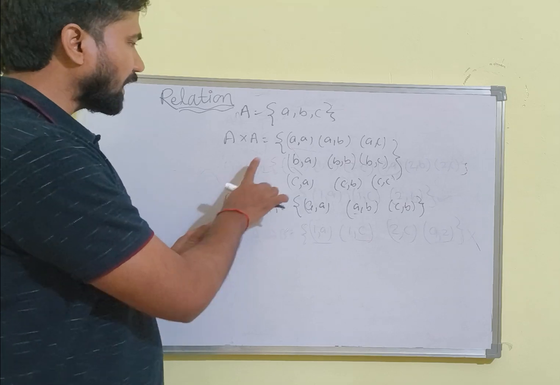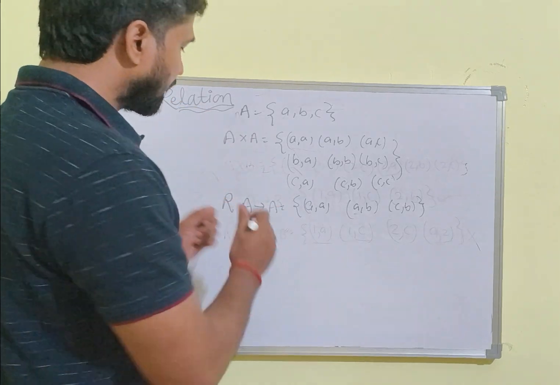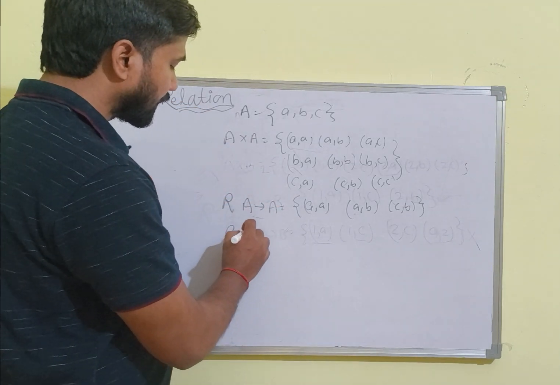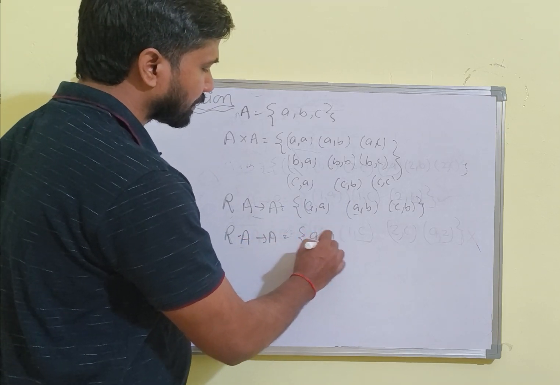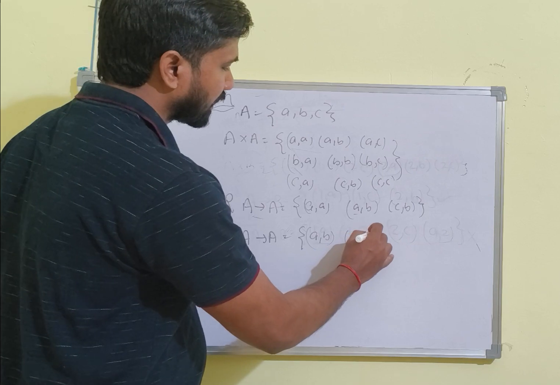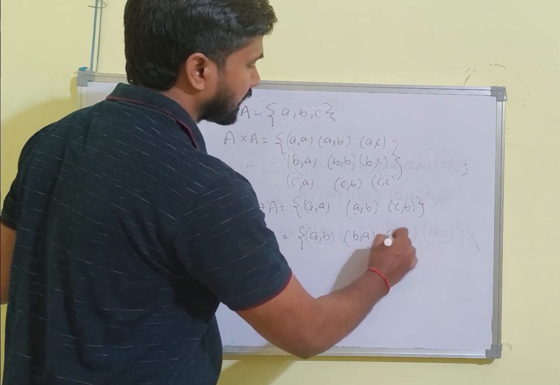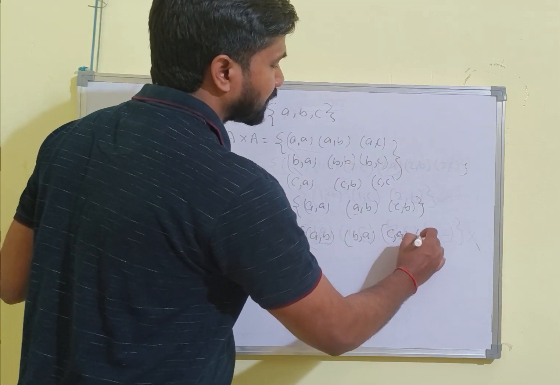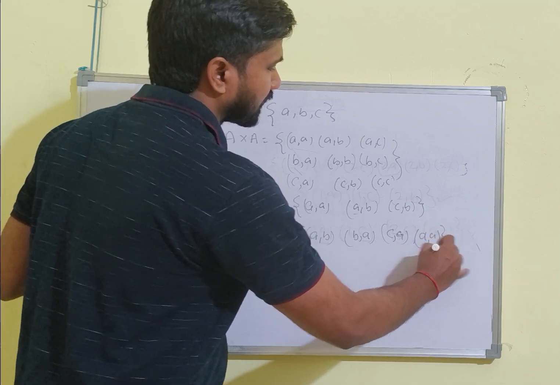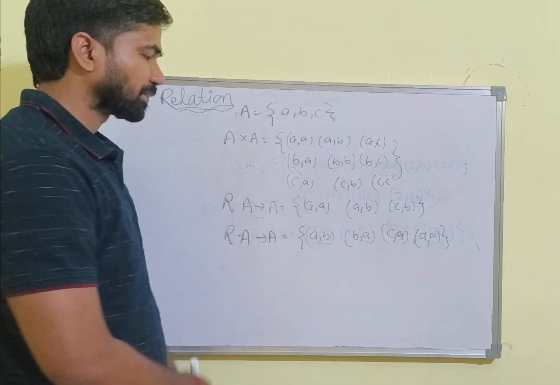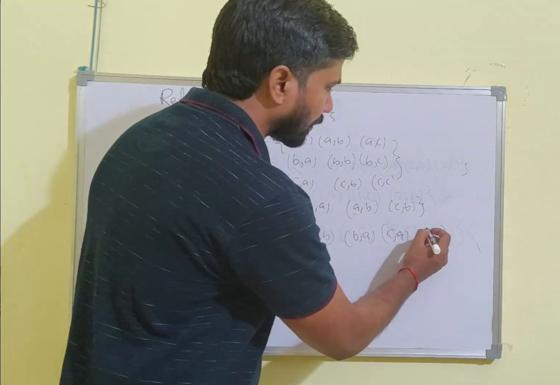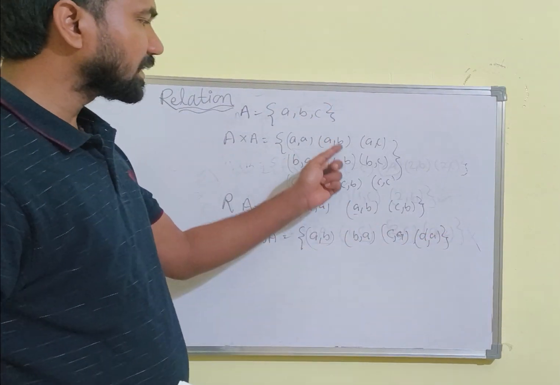So it is also a relation. If we write R from A to A this way, suppose we write (a,b), (b,a), (c,a), and if you also write (d,a). See here, (a,b), (b,a), (c,a) are present. But what about (d,a)? D is not present here.